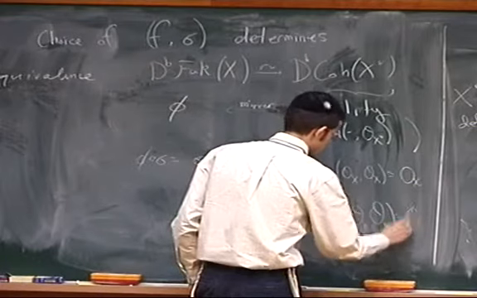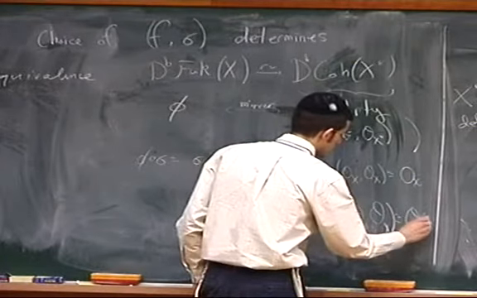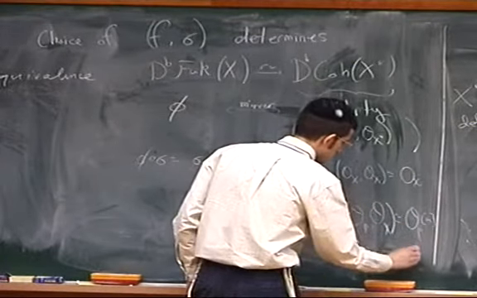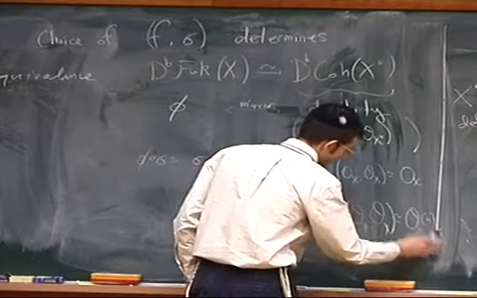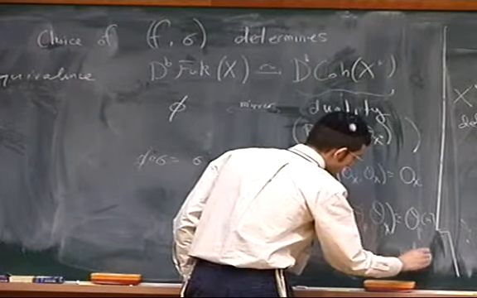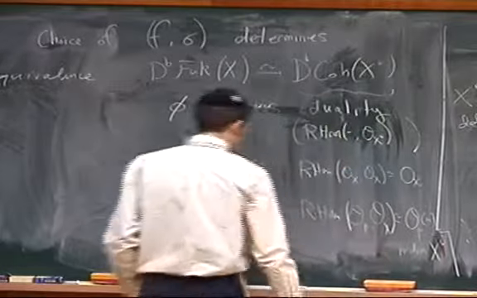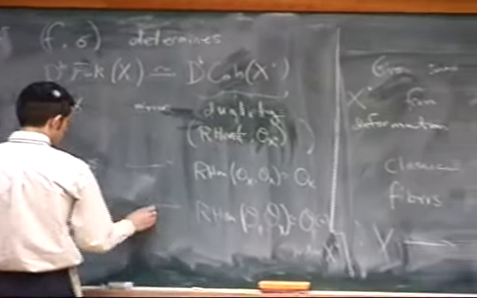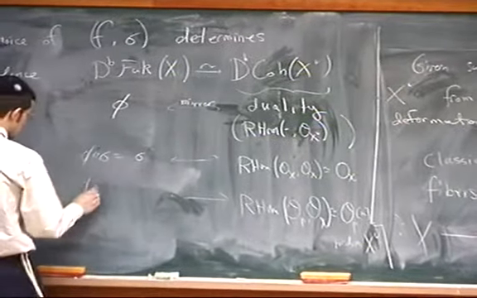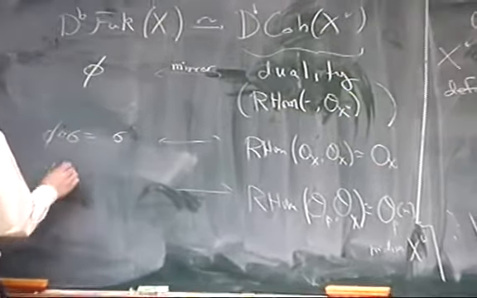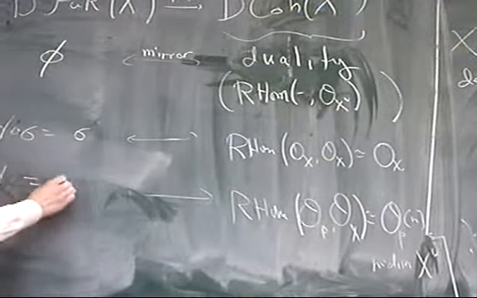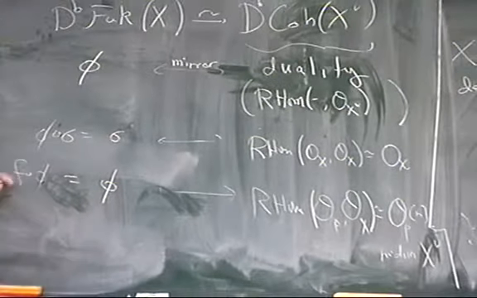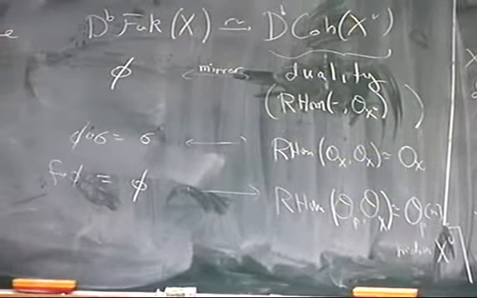This is going to be something like O of p shifted by n minus n. So this corresponds to the fact that phi, here it's important that you don't actually fix the fibers, but just preserve them.